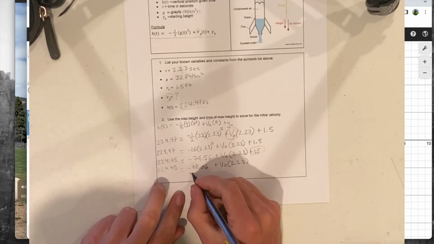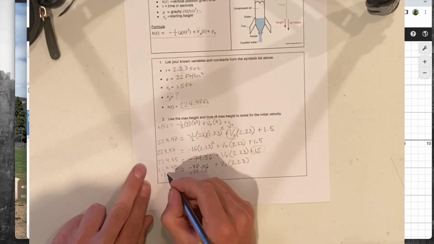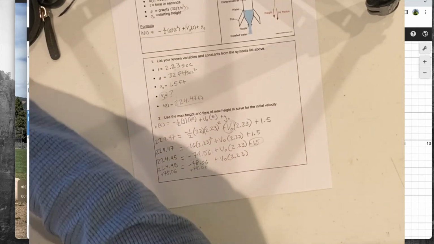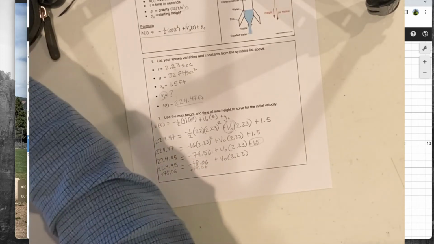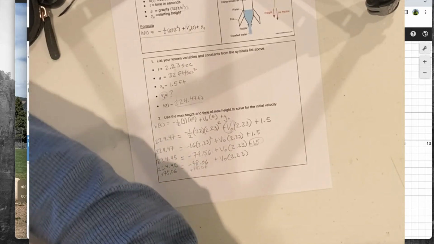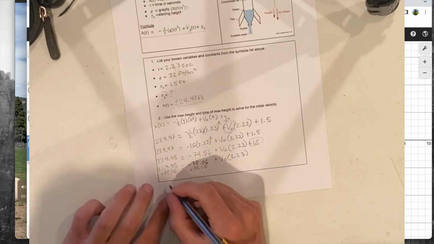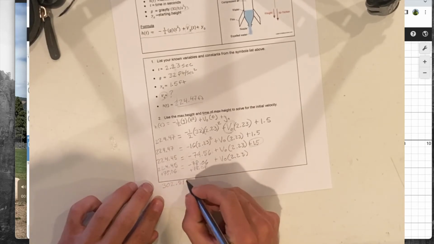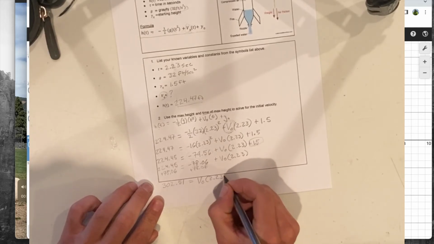I'm going to do that by adding 78.06 to both sides. 224.45 plus 78.06 is going to be 302.51, and that's going to be equal to v naught times 2.23.